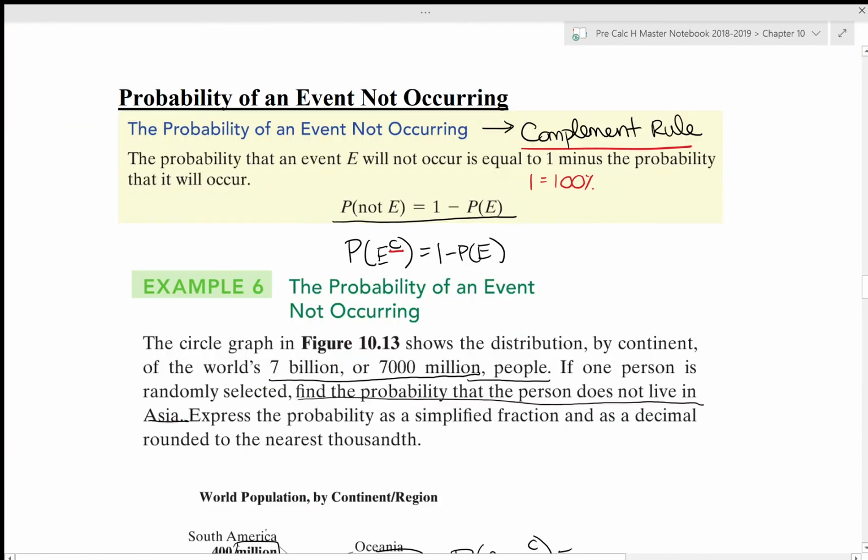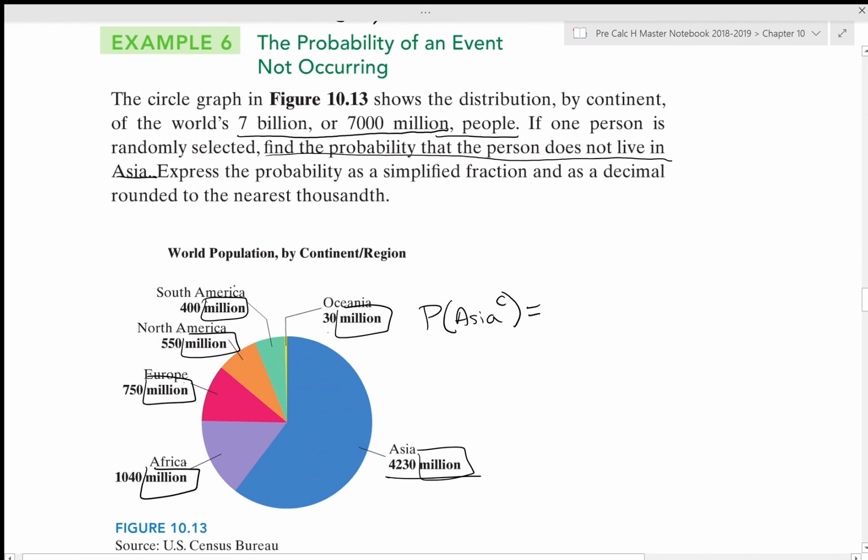Now, for this example, okay? This pie chart down bottom is showing the world population, out of the 7 billion or 7,000 million people. It's showing how many million people live in each region of the world. Okay?